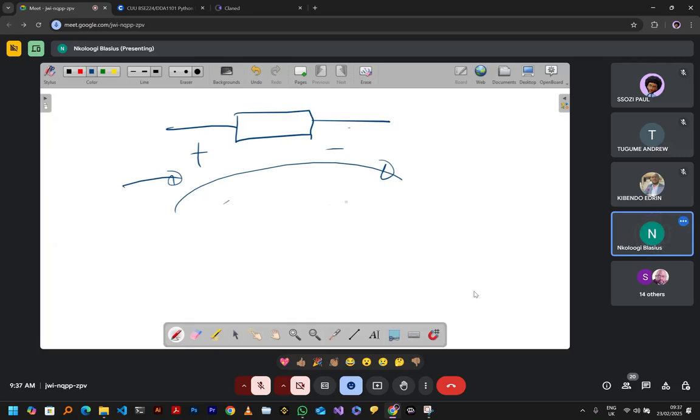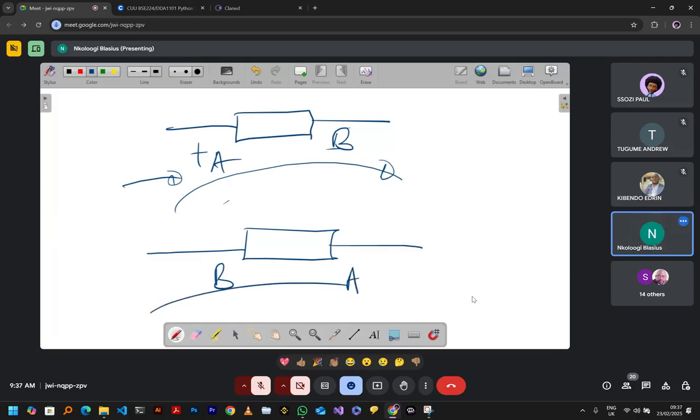So current will flow. If this is point A and this is point B, the resistor will still allow flow of current. But even if you flip it and now this side is terminal B and this is terminal A, and you still follow the same direction, still current will be able to flow. So a resistor can either be represented like this or like this.